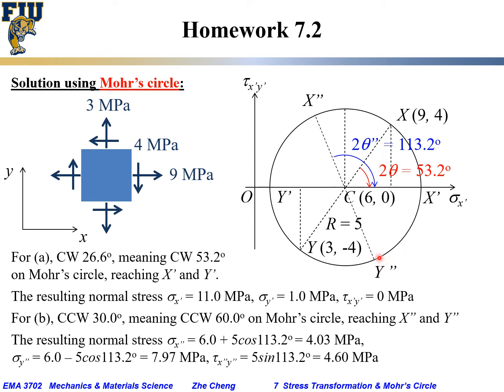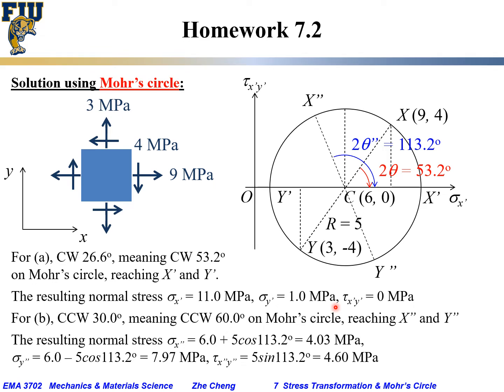From the original y you rotate in the same fashion and find y prime, which is the same as point B. It would be center minus radius, which is 1 megapascal.